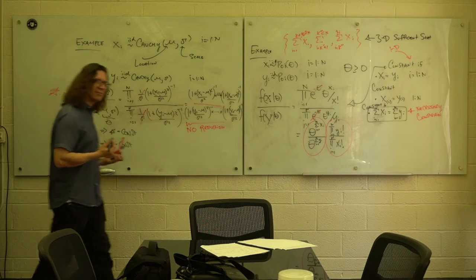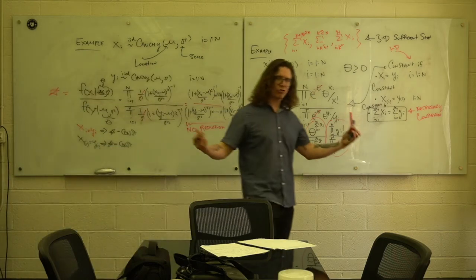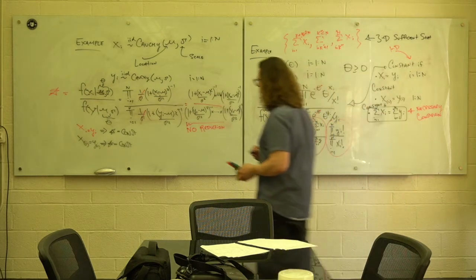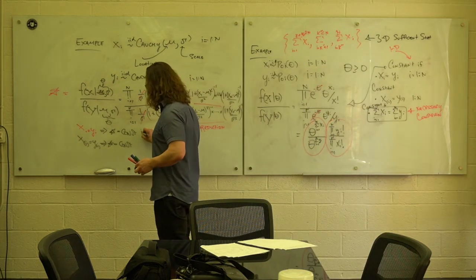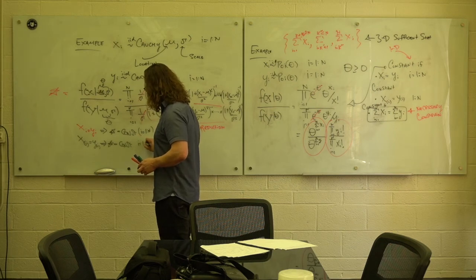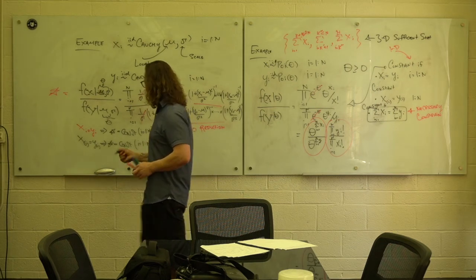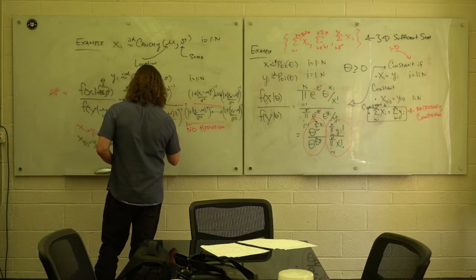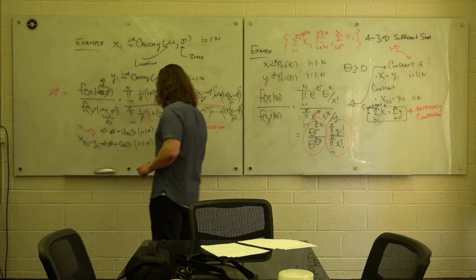So the xi's, the collection of x1 through xn, that's n-dimensional. So this goes from i goes from 1 to n. So this thing right here is n-dimensional.